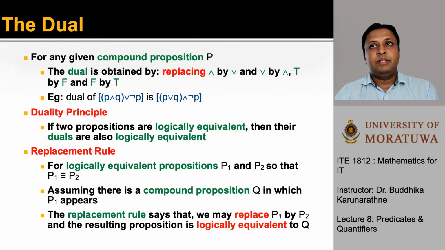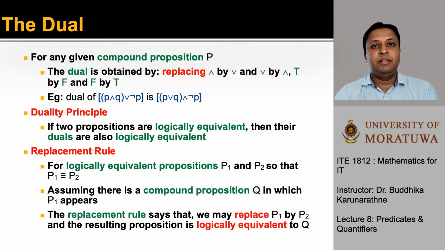Now we get introduced to the concept of the dual. So for any given compound proposition P, we can obtain the dual of that proposition by replacing conjunction with disjunction and disjunction with conjunction, and T by F and F by T. So what we do is we do a simple replacement.